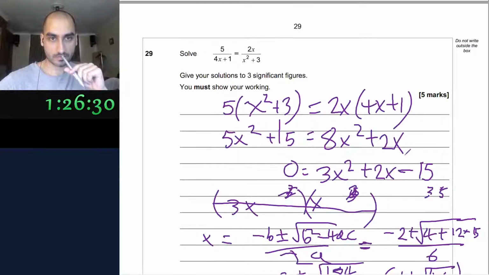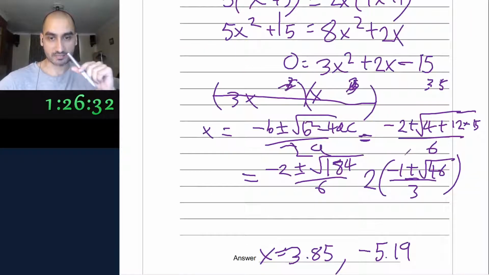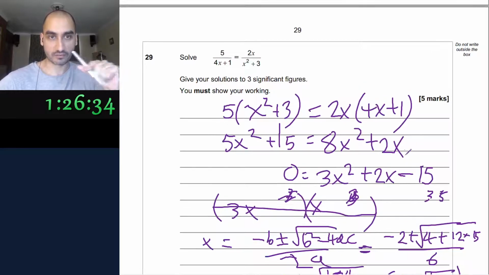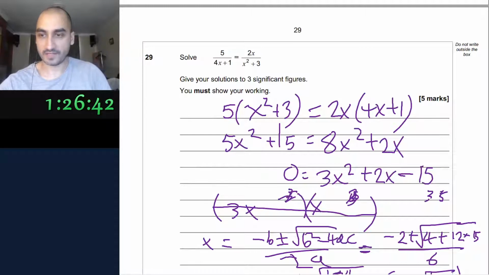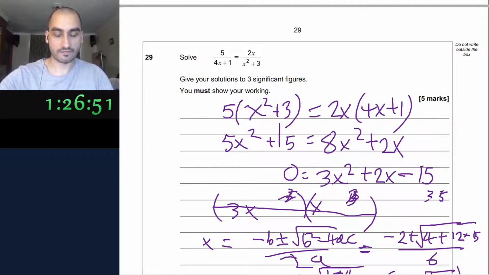Does that look right? I can now check this by putting 3.85 back in the original thing. So 5 divided by 4 times 3.85 plus 1.